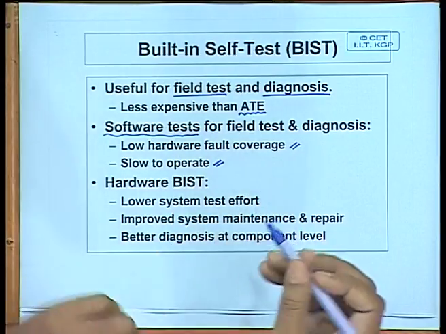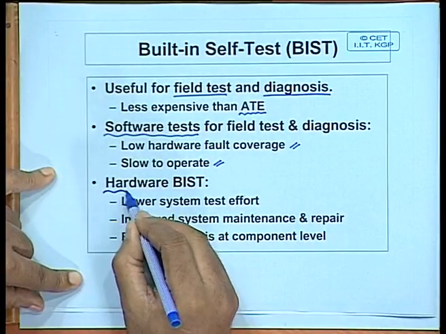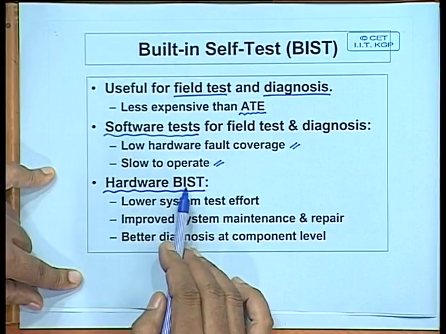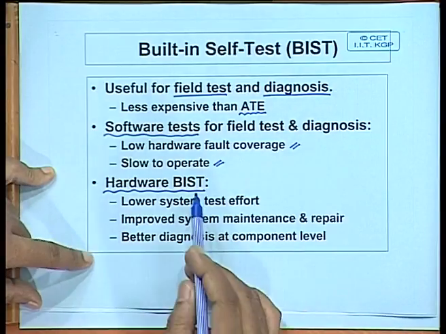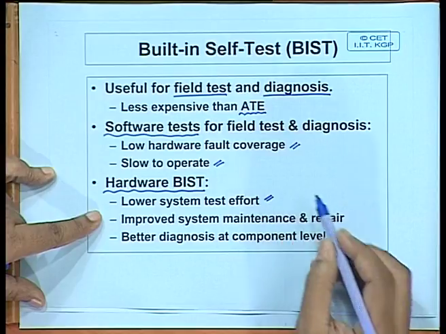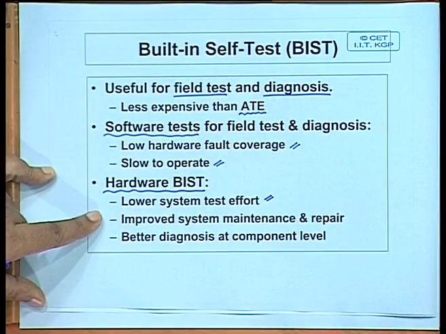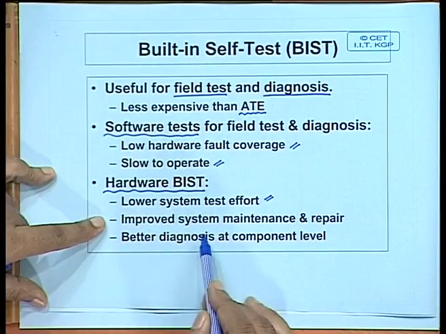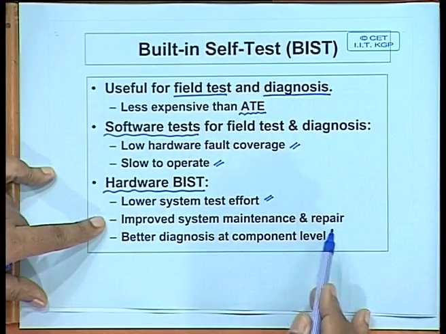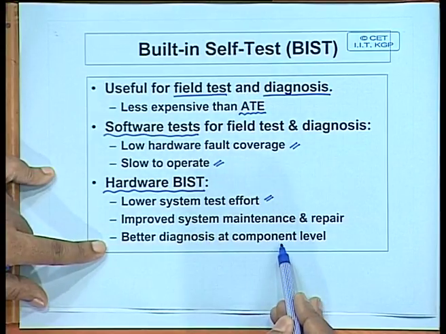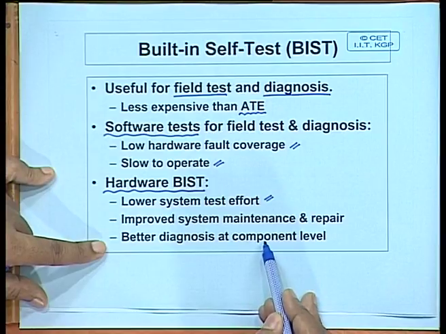So, a better approach is to have some special hardware mechanism. Using special purpose hardware, we can have this built-in self-test mechanism. Then the system test effort will be much lowered because there is already some hardware inside the chip that will take care of almost everything. Because of this, system maintenance and repair activities will be much better, and you can have better diagnosis at the component level, because if a component fails, the component itself will announce that, well, I am bad.